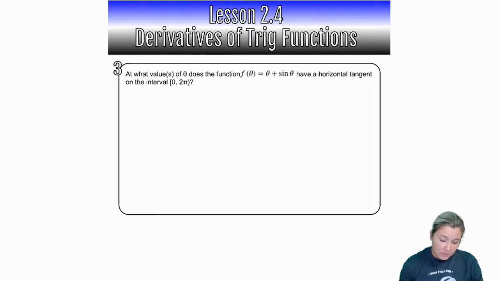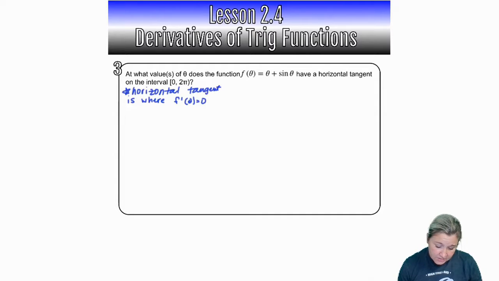All right, so lastly, we want to know at what values of theta the function f of theta equals theta plus sine theta has a horizontal tangent on the interval 0 to 2 pi. Just to make sure you recall, a horizontal tangent is whenever the derivative is 0.